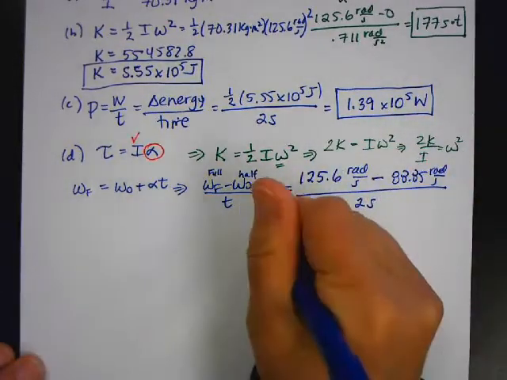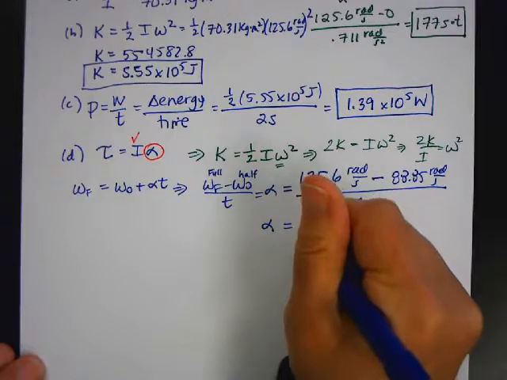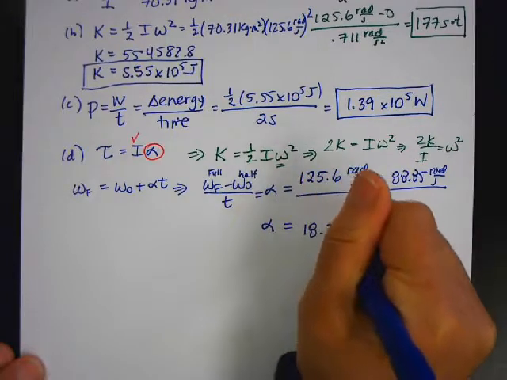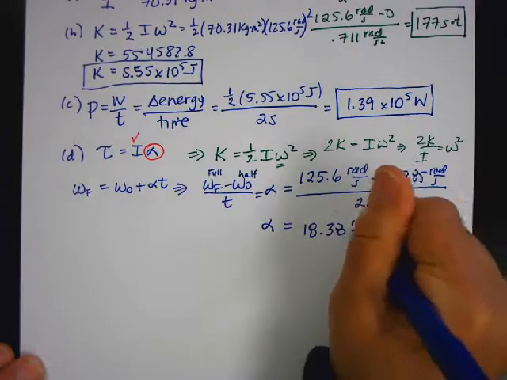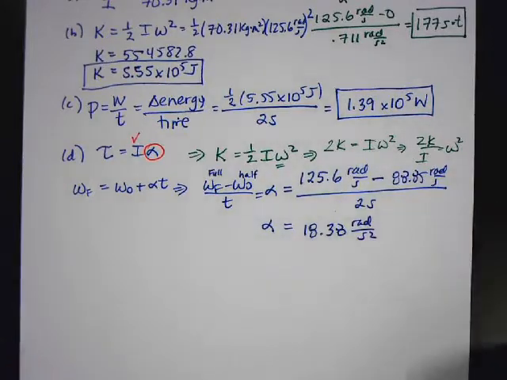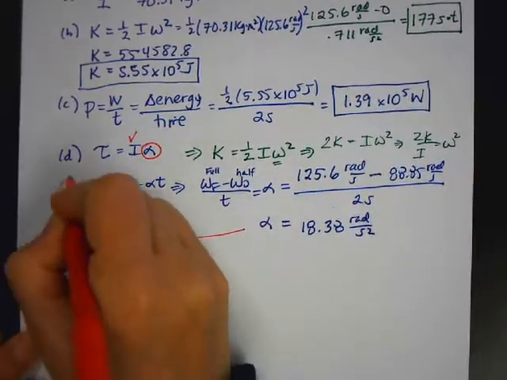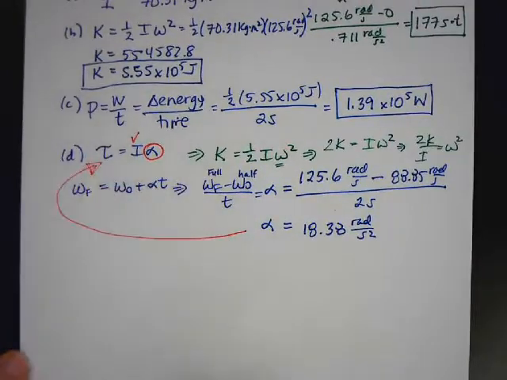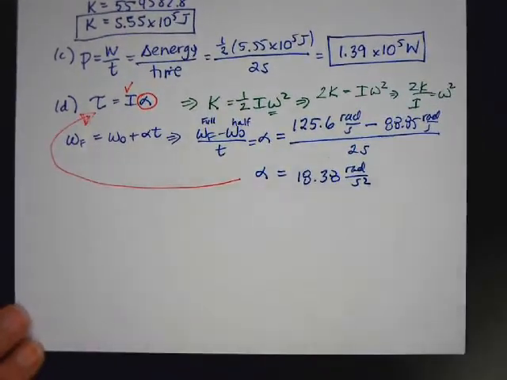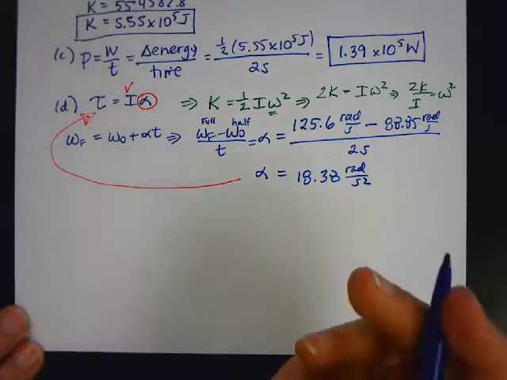So now the alpha comes out to be 18.38 radians per second squared. And then once I get this, I'm going to substitute it back in this equation here, that torque is equal to I alpha, and I'm going to solve for the torque.